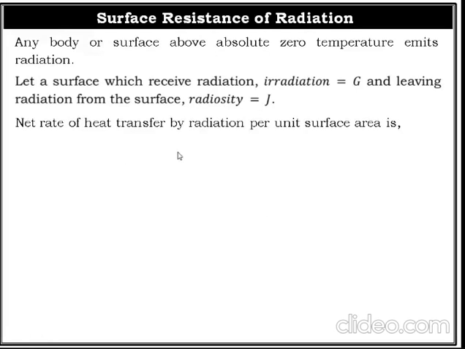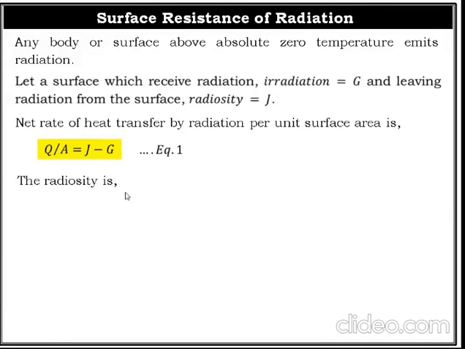So what is the net heat transfer? That is Q by A per unit area. So Q by A will be J minus G. Whatever the leaving radiation from the surface minus the receiving radiation, that much amount is the net heat transfer for that particular surface.